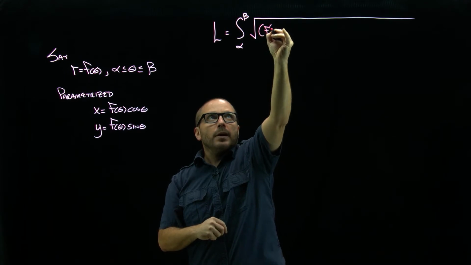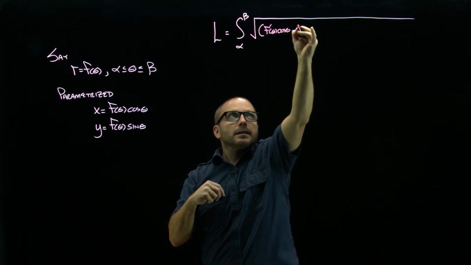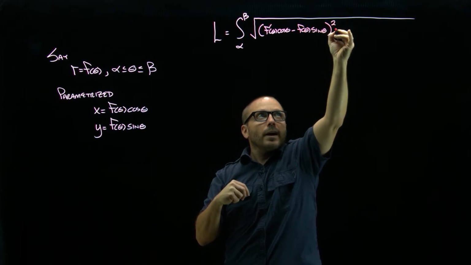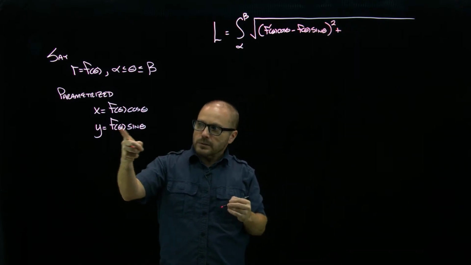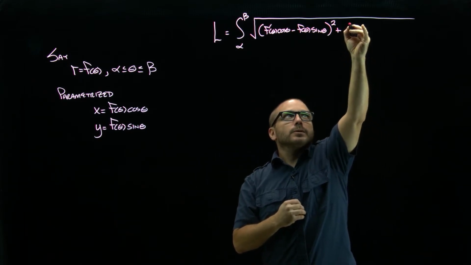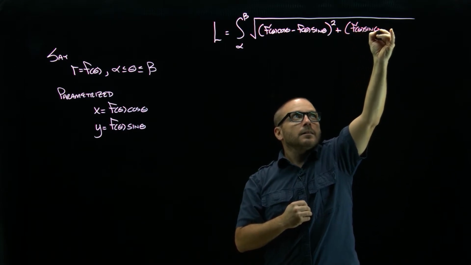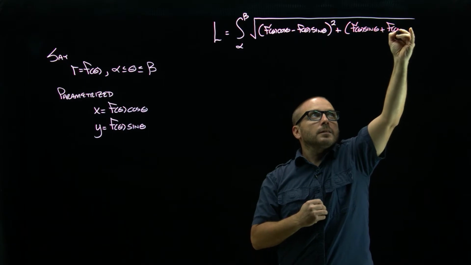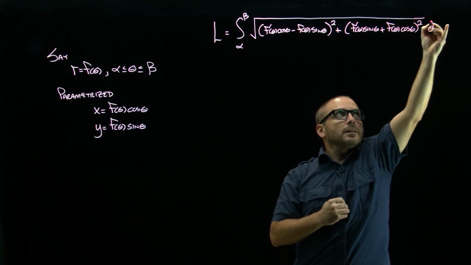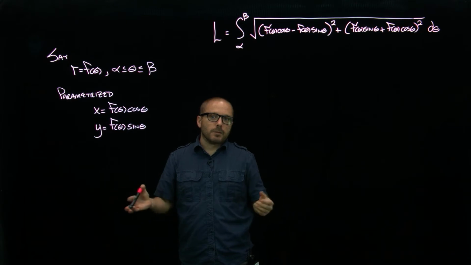So f prime theta cosine minus f sine, quantity squared, plus, we take the derivative of y with respect to theta. That's also going to require a product rule. So f prime sine plus f cosine, squared d theta. So now we have our arc length formula.